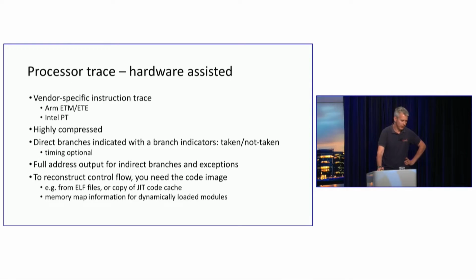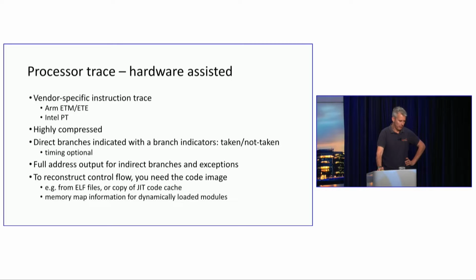So this is where we get to processor trace, which is a feature on several different types of CPU. ARM calls it ETM or ETE, or in the past it called it PTM. Intel has a PT feature. This is basically a trace of what's going on in the core, particularly instruction trace. And it's very, very highly compressed.